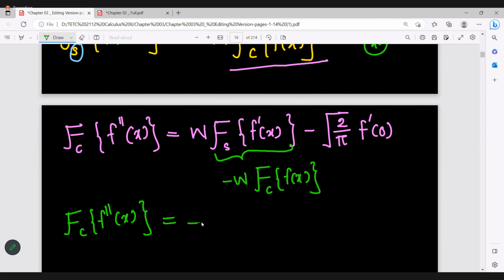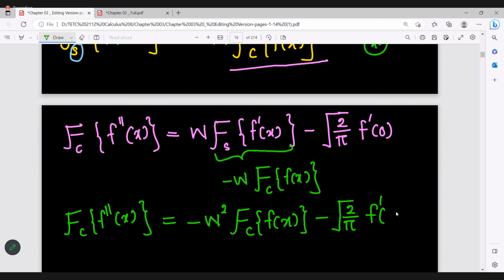It is equal to minus w to the power 2 times the Fourier cosine transform of f of x, and there is no change to the rest. Minus square root of 2 over 5 f dash 0. So we can use this expression to find the Fourier cosine transform of the second derivative of a function.